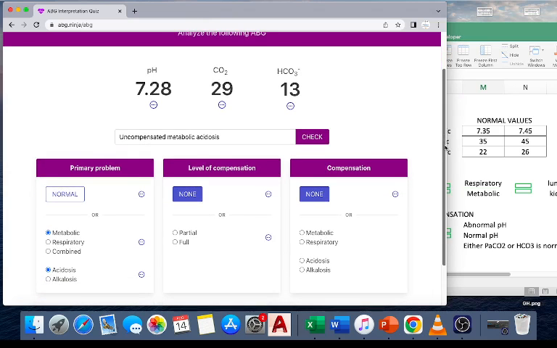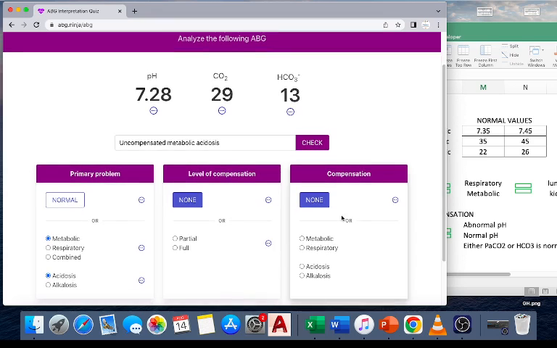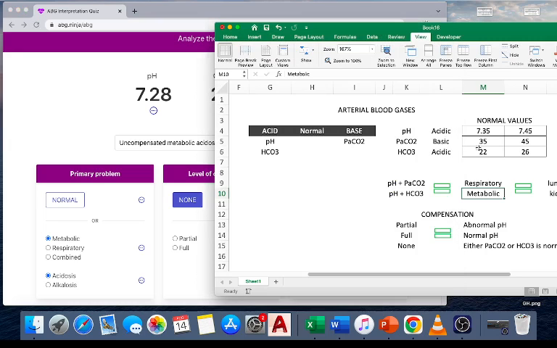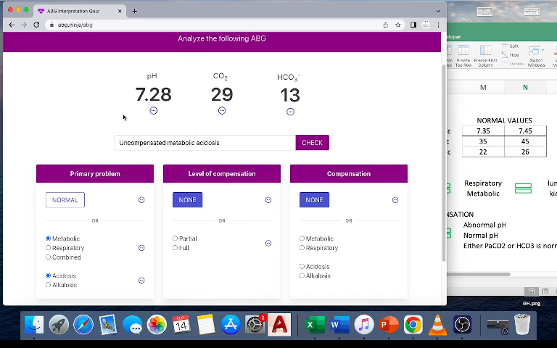Next, let's check the level of compensation. For me to be able to answer none, either CO2 or HCO3 must be within the normal limits. Once again, PaCO2 or CO2 is 35 to 45, HCO3 is 22 to 26, and it's not within normal limits.